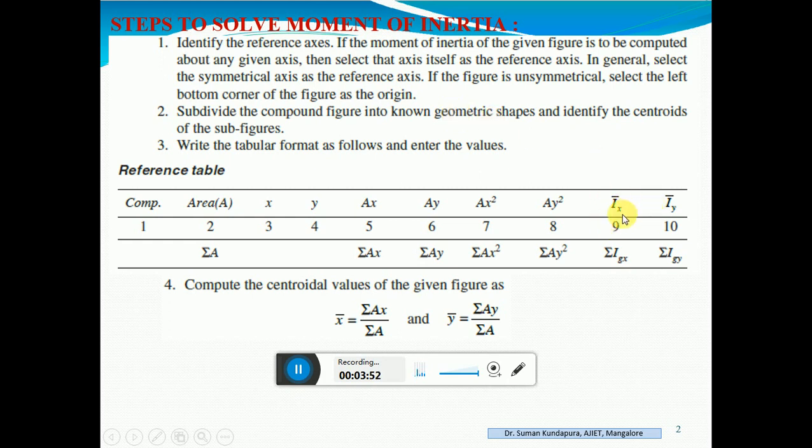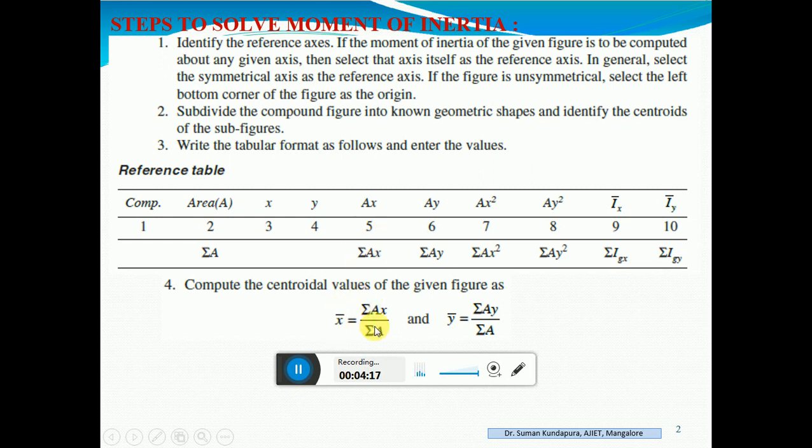Whereas Ix bar, we have a separate formula for a rectangle: it is bd cubed by 12. In the same way, Iy bar is db cubed by 12. We have derived this Ix bar for all the geometrical shapes. Sum up summation Ax squared, sum up Ay squared, Ix bars, Iy bars, and sum up this as well.